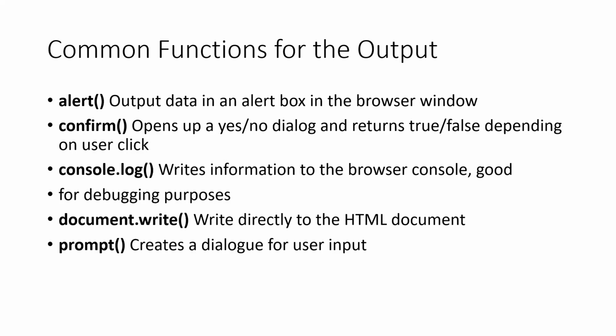When you want to confirm, we can have a yes and no dialog, which means the user can click on yes or no. Console log, you can write information in the console, especially we will use this for debugging. Document write, a very important one. From this point onwards, we are going to look at it. We can directly write an HTML document. Prompt, we can get user input. So let's see how these things work.